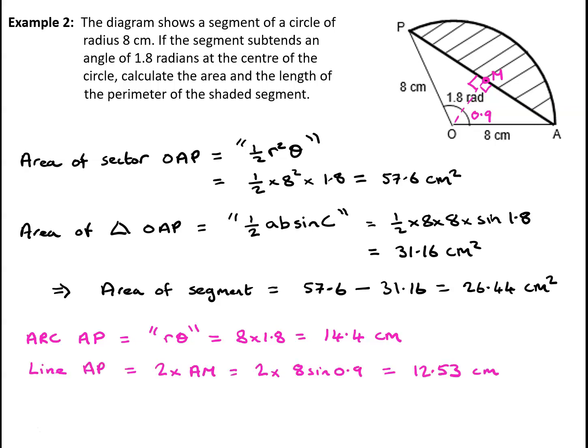The length of the line AP then is twice the length of AM, so that's 2 times 8 sine 0.9, which gives me 12.53 centimeters. So the perimeter of the shaded area is 14.4 plus 12.53, which gives me 26.93 centimeters.